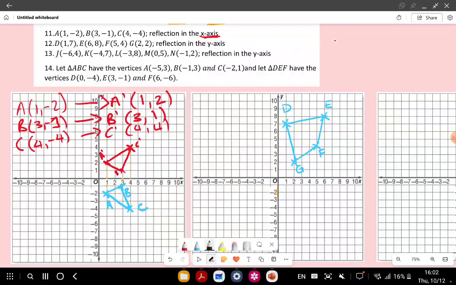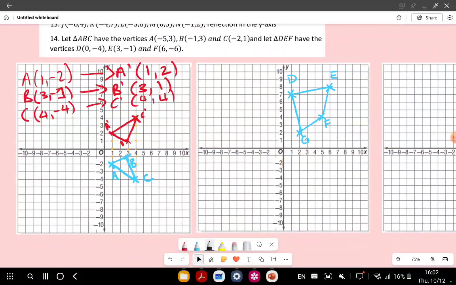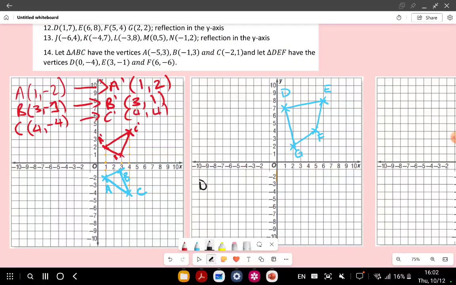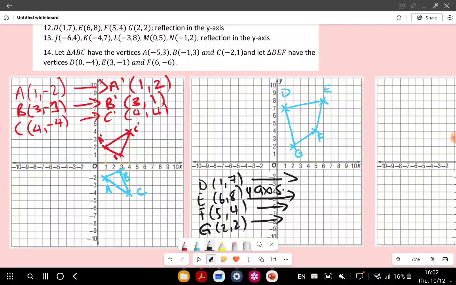And then we can say, okay, D is 1, 7, E is 6, 8, F is 5, 4, and G is 2, 2, what happens if we are reflecting about the y-axis? Remember, you are not going to write on your Cartesian plane like I am. I am writing on it because I want it to be on the screen. But you are not going to do what I'm doing. You're going to write on your paper.